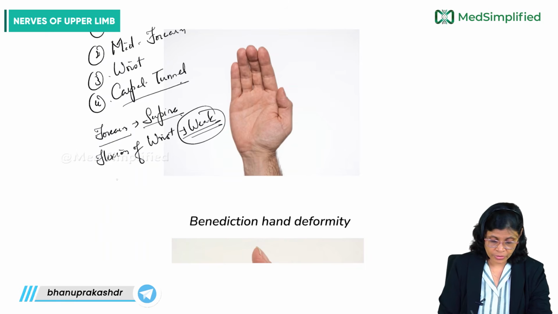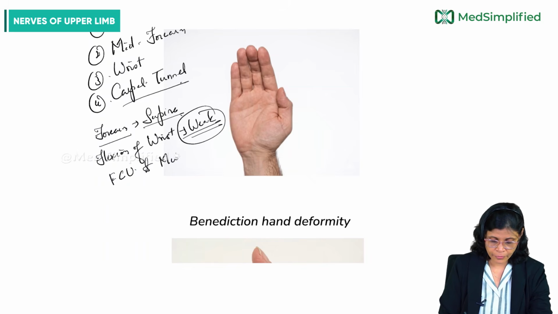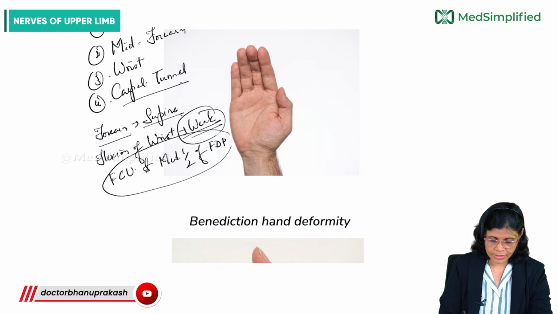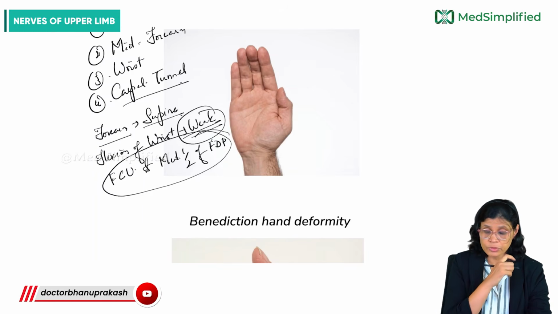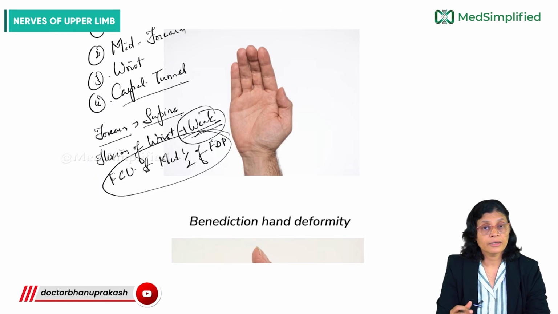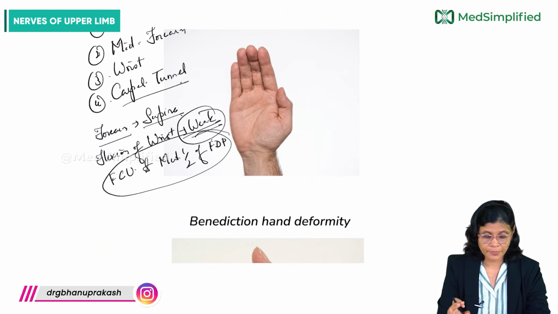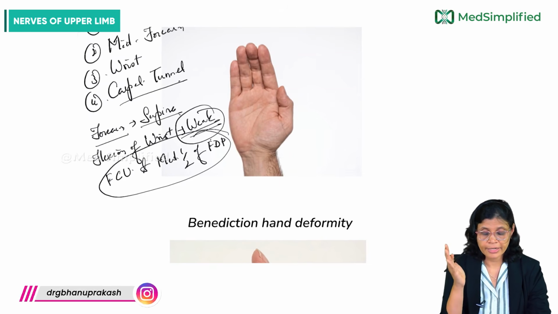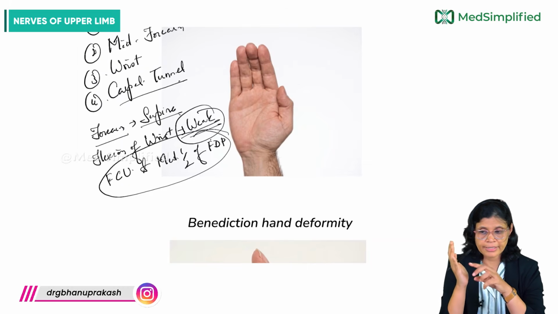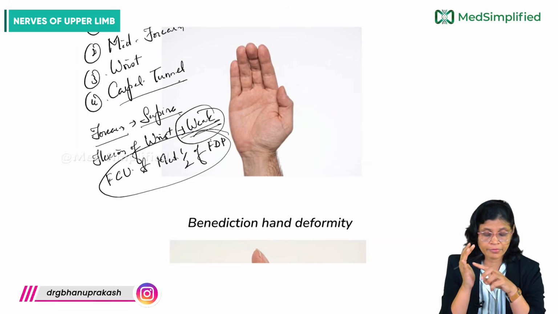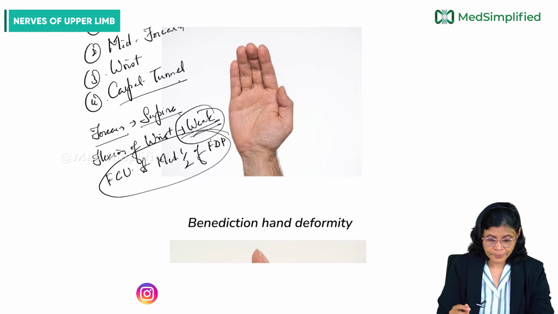It is weak because of the sparing of flexor carpi ulnaris and the medial half of flexor digitorum profundus. These are spared because they are supplied by the ulnar nerve. So because of the action of these two muscles, there is a little weak flexion. But there is no flexion at the interphalangeal joints of the index and middle finger.